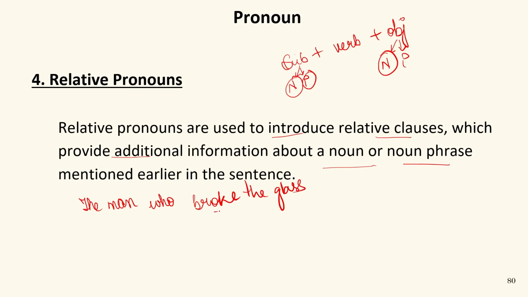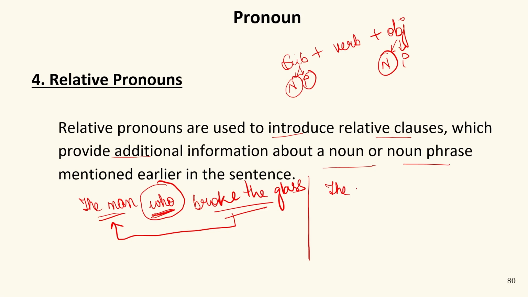So this is some additional information about this man or the activity he's performing. And the word who is relating this clause with the subject of the sentence. So this who is working as a relation to this additional information. So this who is a relative pronoun.